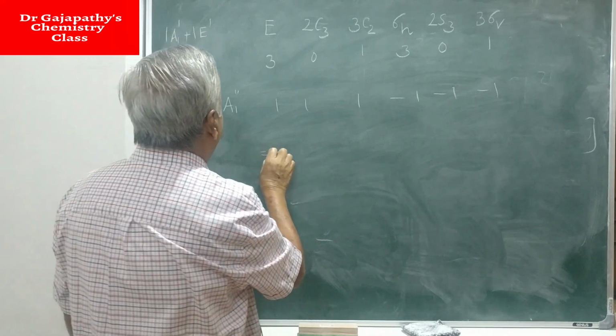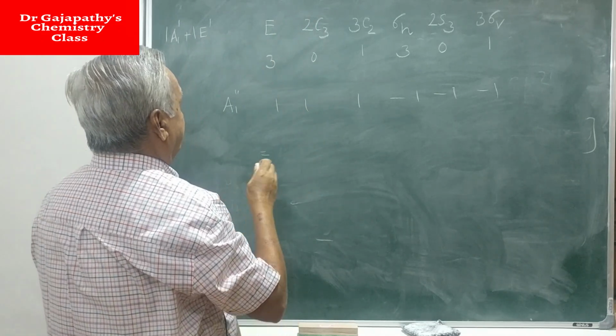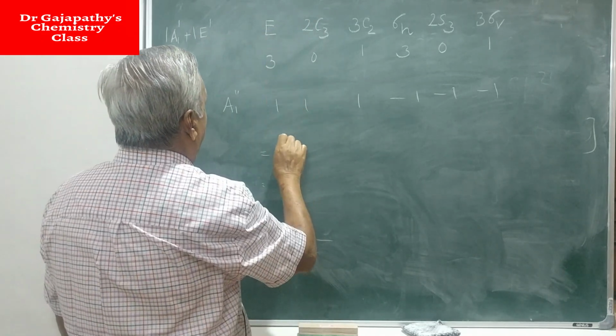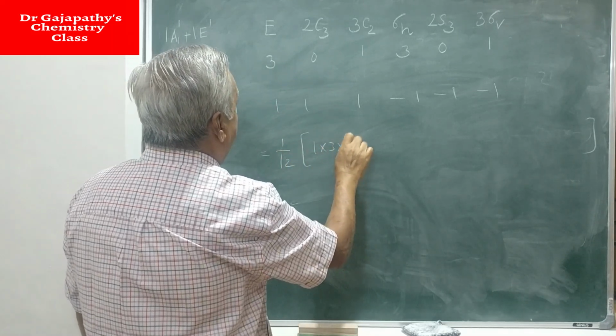So let me find out how many A1 double primes are included in this reducible representation: 1 by 12 into 1 into 3 into 1.